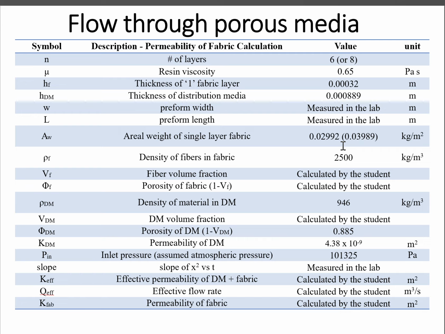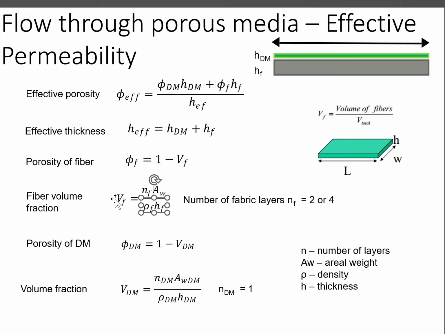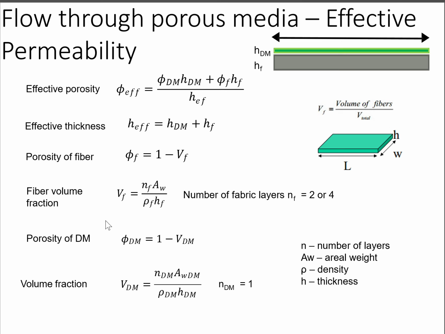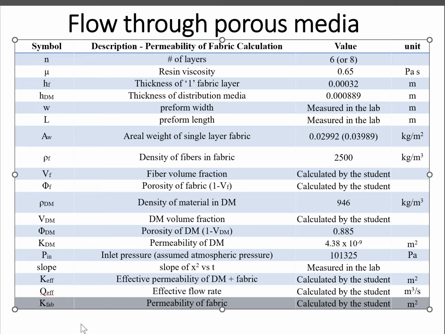The cross-sectional area is given to you for each layer of the fabric, and all of the information you need is also given to you. Okay, so we don't really give you the porosity of the fabric here. I'm looking at the table right now, which essentially means that you have to calculate the fiber volume fraction, and then calculate the porosity of the fiber, and so on and so forth. So eventually this is your goal. This is what you want to calculate based on the equations we just discussed.